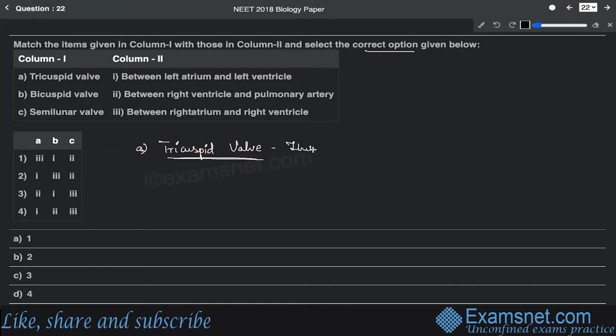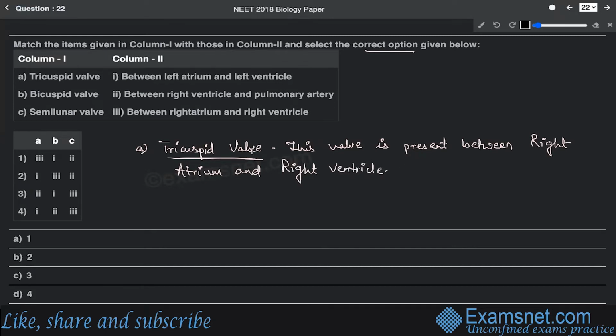So this valve is present between right atrium and right ventricle. And since this is made of 3 muscular flaps, that's why it is called tricuspid valve. All right, so this is present between right atrium and right ventricle, remember. So this is going to match up with this one.